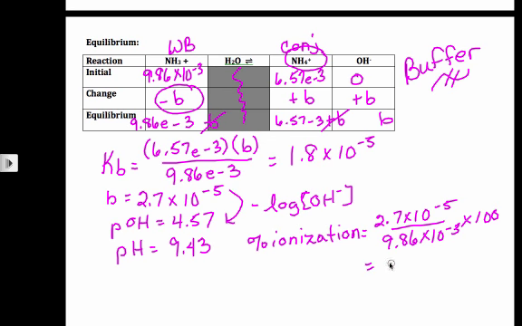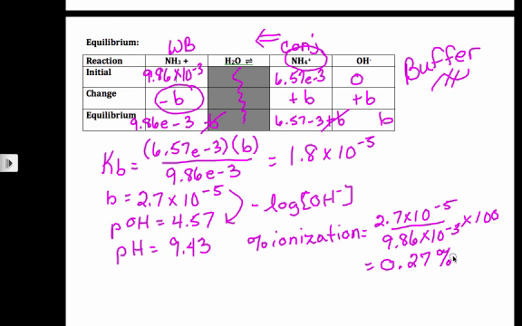This time, I get a percent ionization 10 times less than what we had before, or 0.27%, far less. So with the presence of product, remember Le Chatelier's principle, if you add product to this, you're going to shift a little bit, you're going to prevent or hinder that forward reaction there.